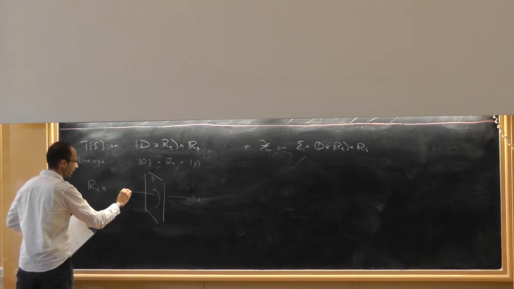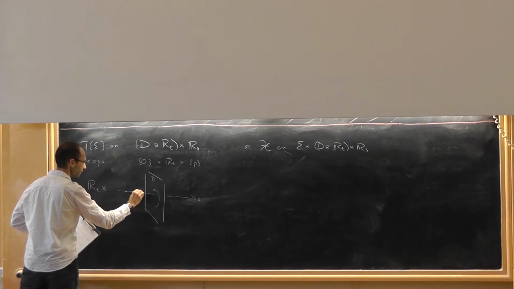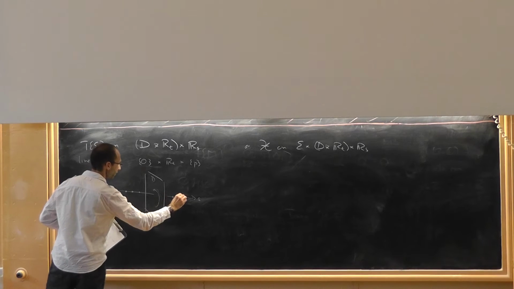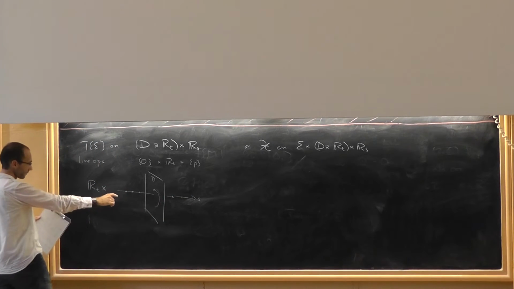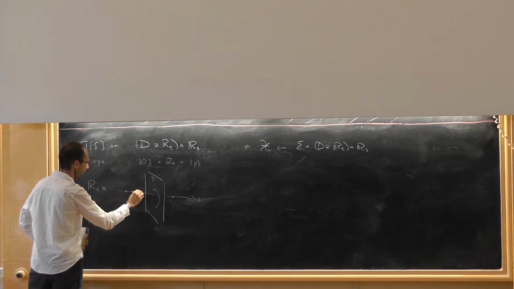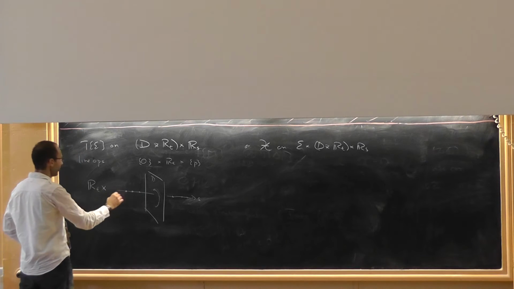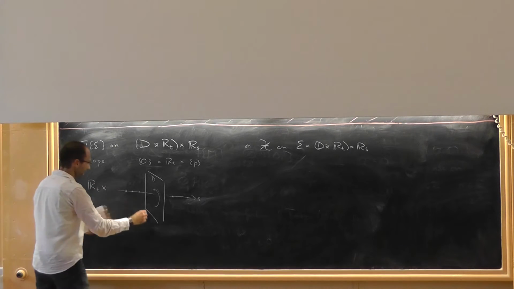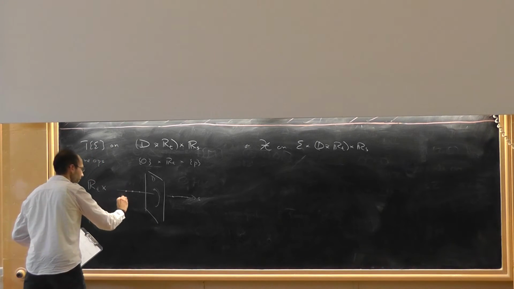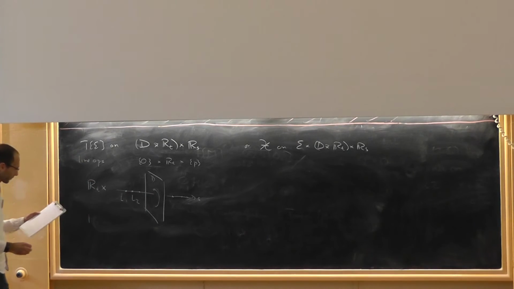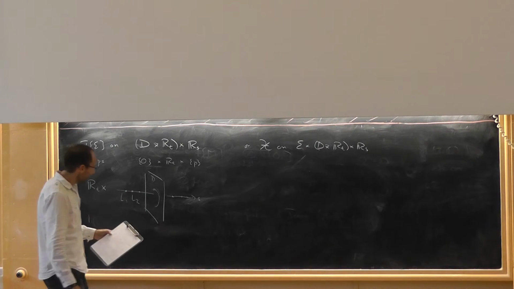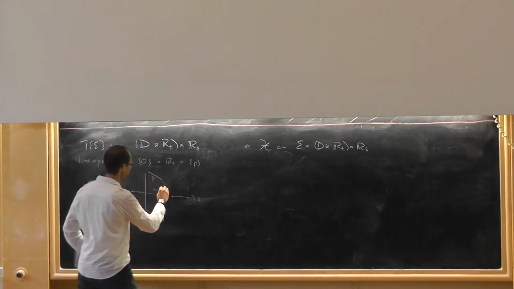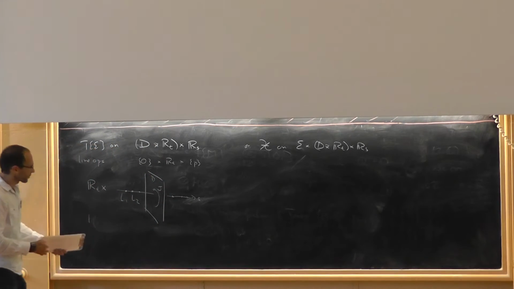And the line operators are all forced to live at the origin of D. And they're extended along time. So L1, L2, and so on. Everything is graded by rotations of D. That's where the Q grading J comes from.